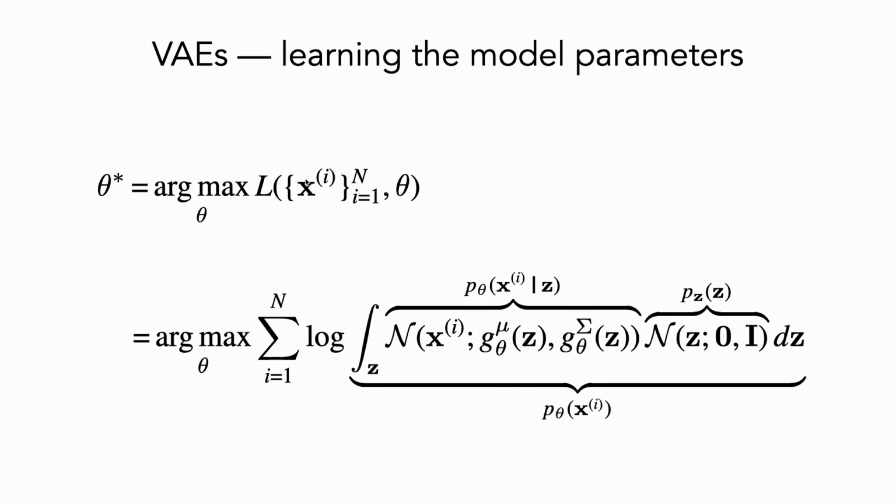I'm going to be fitting my model to a training set of n observations. So maybe I have n photographs and I want to learn a generative model of them. Since this is log likelihood, when I have multiple data points, I maximize the joint probability by maximizing the sum over the log probabilities, right? So this is the objective function for maximizing the likelihood using the mixture of Gaussians.